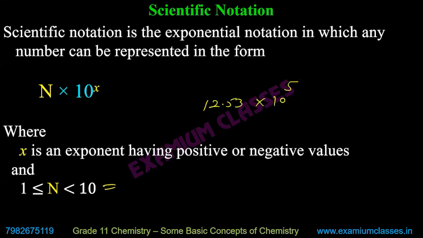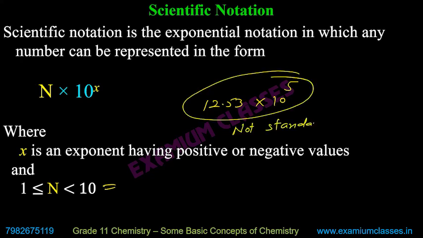I'm saying what is standard scientific notation. Not being the standard form does not mean that it is wrong. A standard form will be 1.253 into 10 to the power 6.